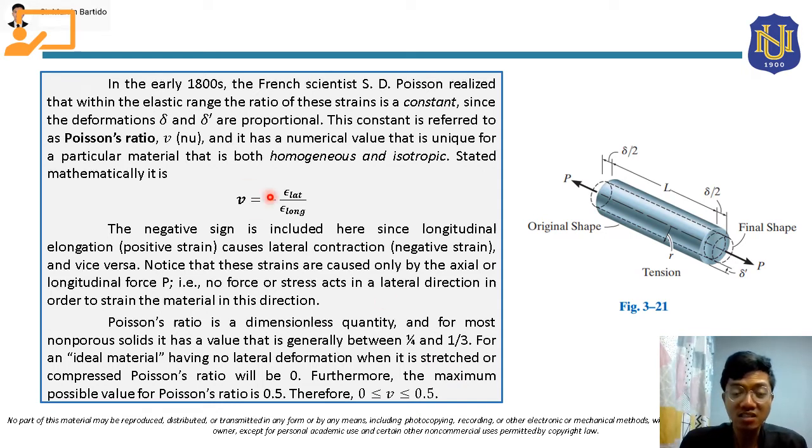This just indicates the concept that if the length elongates, the lateral direction or the cross-sectional area will decrease. So it will be negative here, but in our computation, we are just going to use its absolute value, which will be positive.